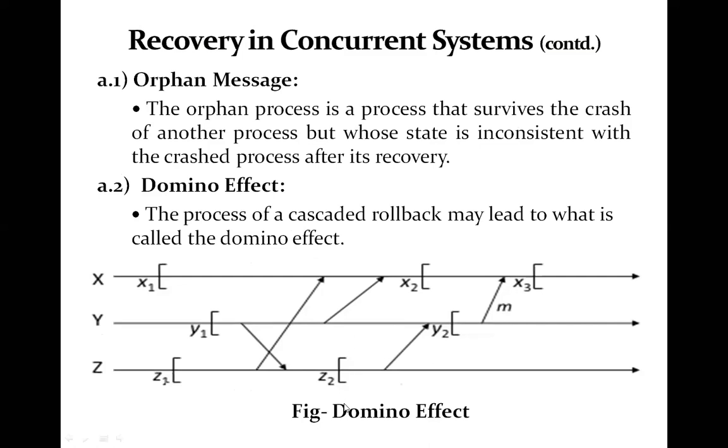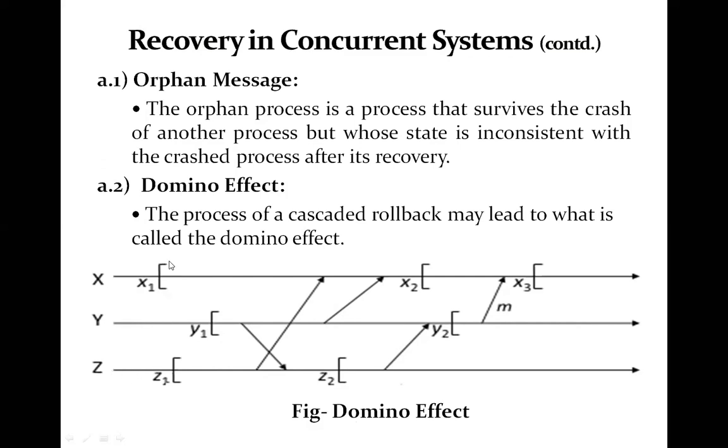Now, an illustration has been shown, which is considering a system having three processes X, Y, Z, and these three processes are cooperating with each other by exchanging information, which is shown by the arrows. The system activities are going on with these three processes.